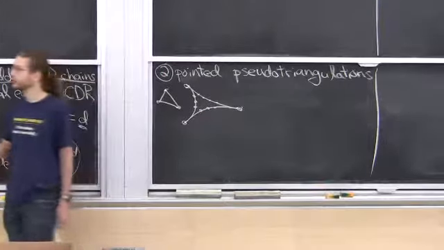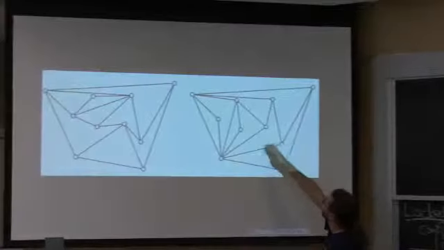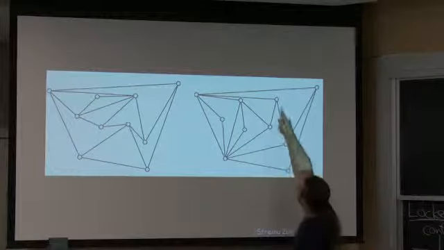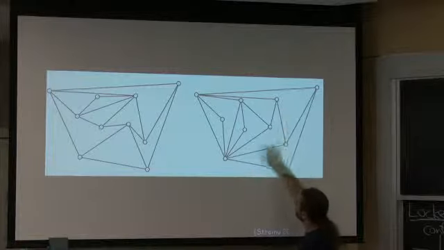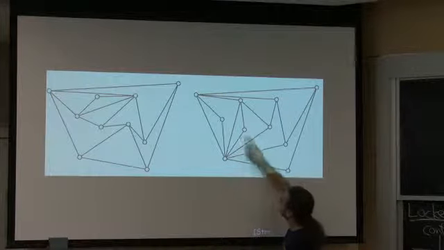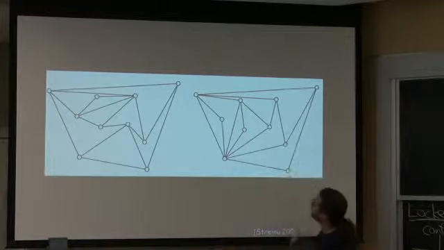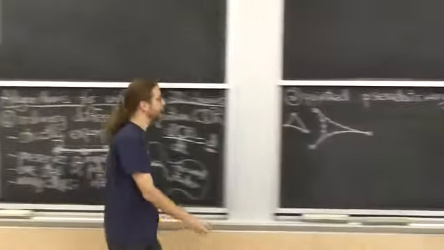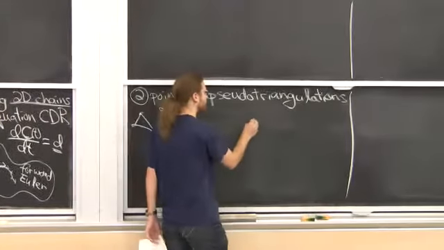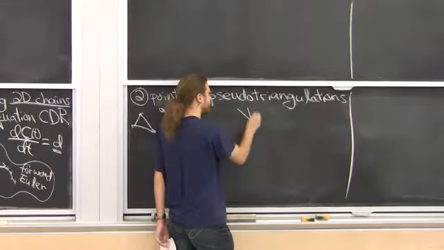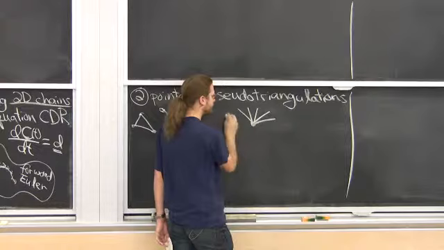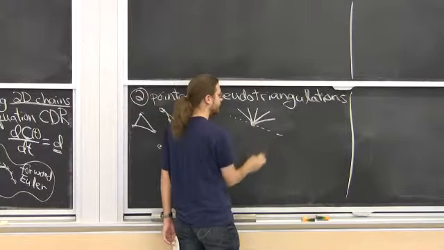And if you check in this figure, all of the faces are pseudo-triangles. Most of them here are actually quadrilaterals. But in particular, that's a pseudo-triangle. Sometimes there's actual triangles. Here they're all quads or triangles. And a pointed pseudo-triangulation has the property that at every vertex, all of the edges incident to it lie in a half plane.